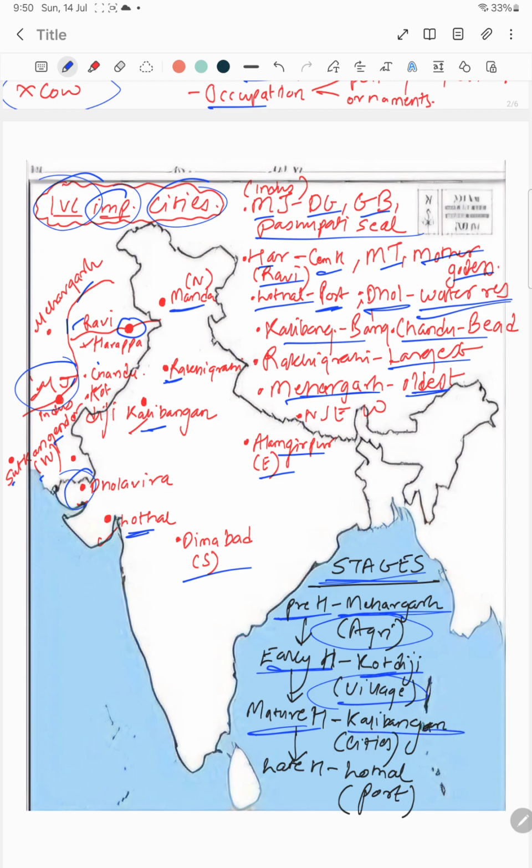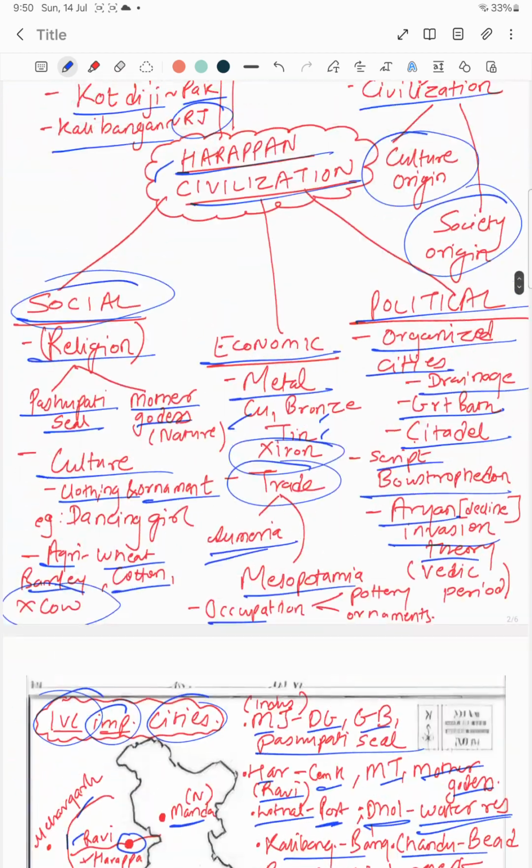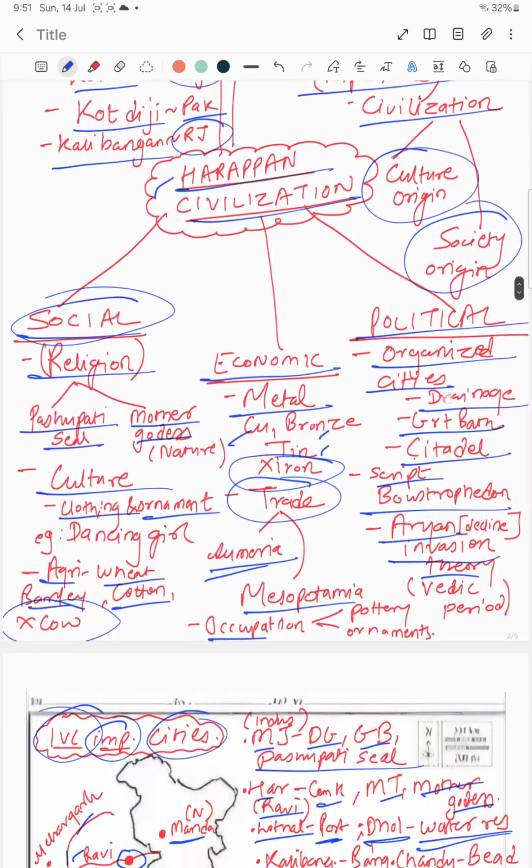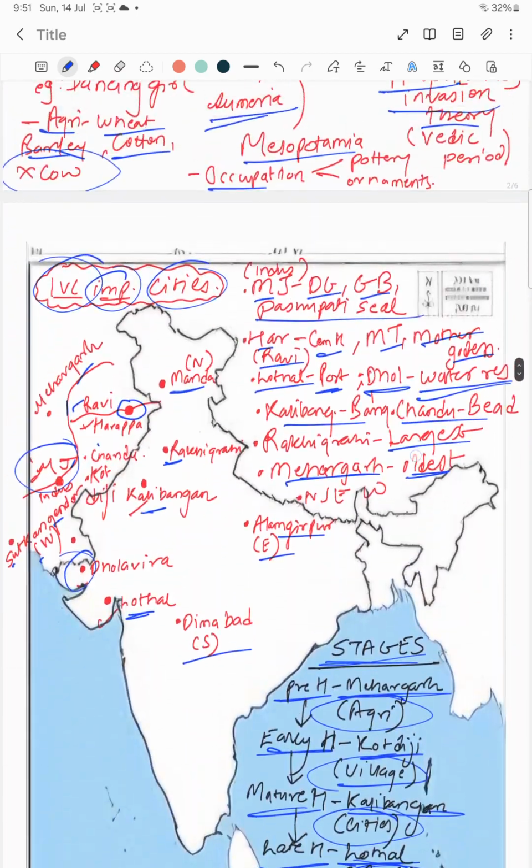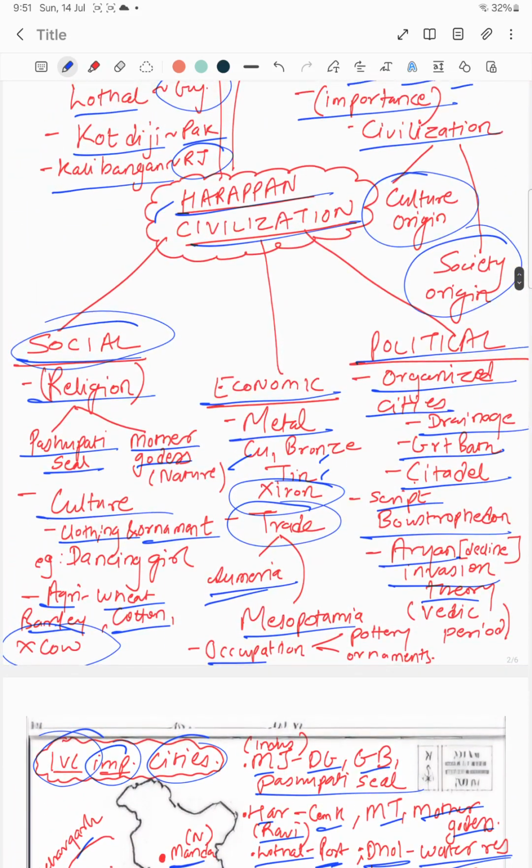Example is Kalibangan. Here cities started to form. And next is the late Harappan phase, where there is a city called Lothal, which is a port city. So this is how, from agriculture to villages to cities to ports, the graph of Indus Valley civilization developed. Okay, so basically these two pages are enough to understand the basic and main points of Harappan civilization. Thank you.